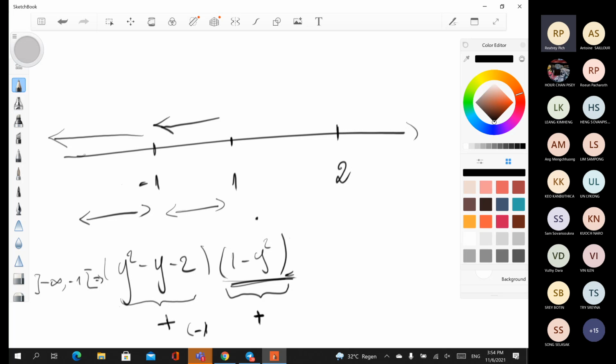Okay, let's go directly to point number 1 here. If from 1 to 2, this one is always negative. How about this one?